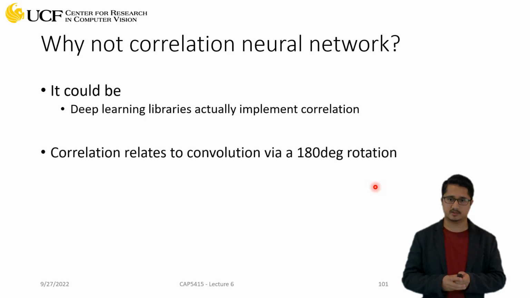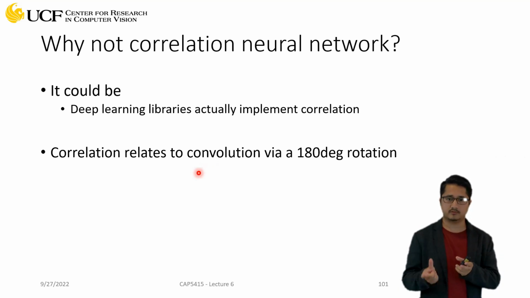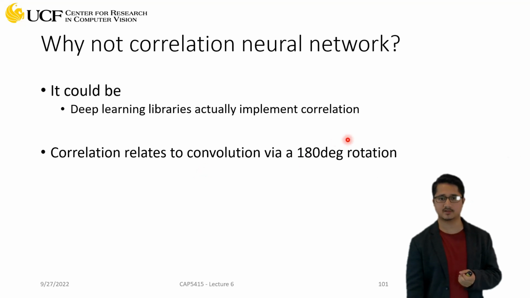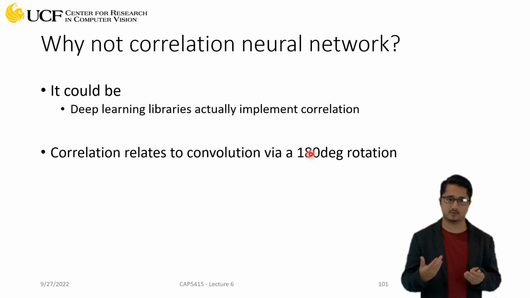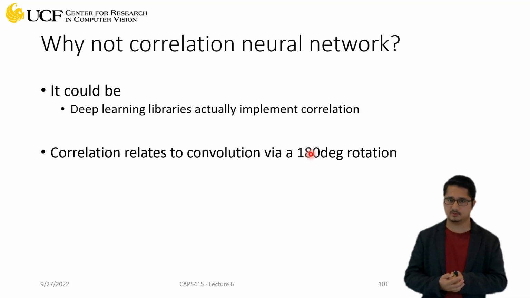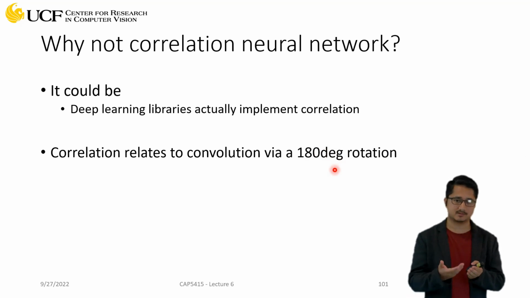The interesting thing is it actually doesn't matter, because the core operation between convolution and correlation is the same. As we discussed earlier, the only difference is you have to rotate your filters twice, in the x direction and y direction, and then the operation remains the same. So rotating the filter is not a big deal. I mean, we'll just have to write an extra piece of code.